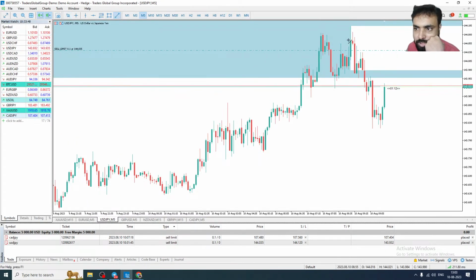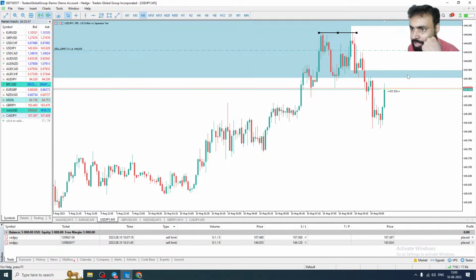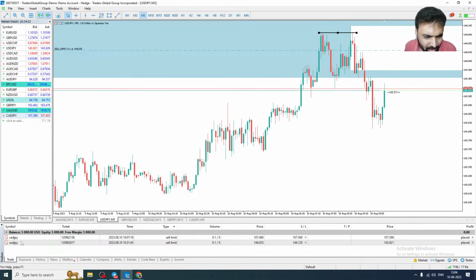Because we took this manipulation, the 5 minutes manipulation, the 5 minutes manipulation. Price fell down and broke the structure. Now this is the perfect level. We can keep the sell entry. We have placed 3 entries, and 1 entry we have closed.